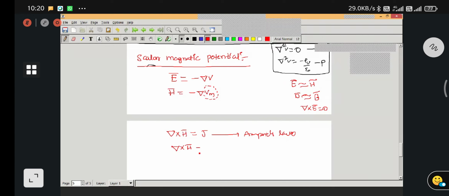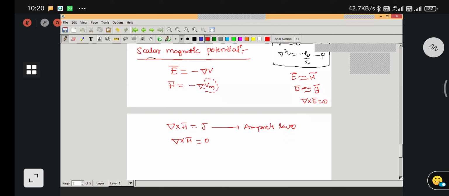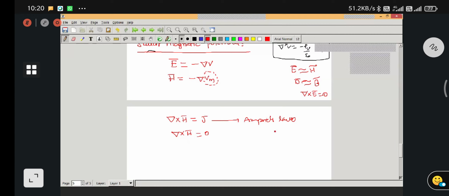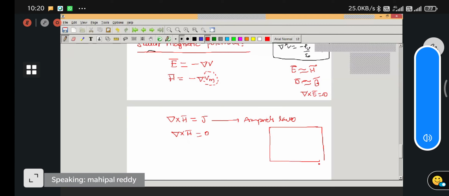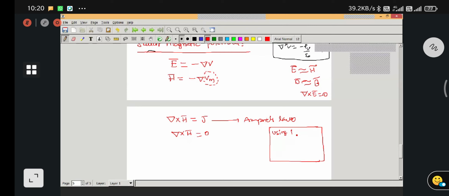What I am writing, please listen. Curl of H equal to 0. Using the identity, curl of grad V equal to 0.